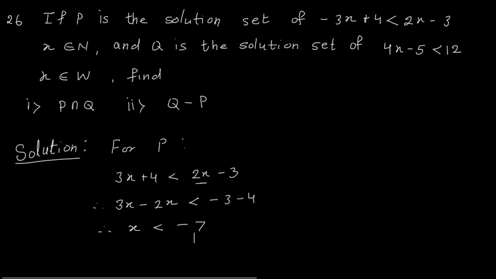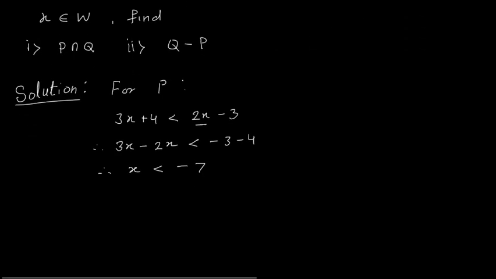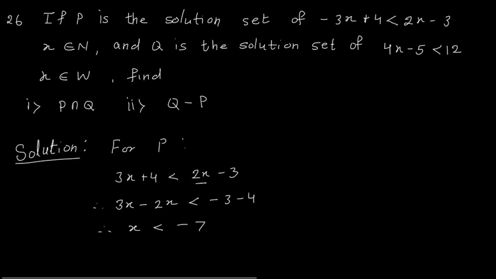Now P is the solution set of this, where x belongs to natural number, and Q is the solution set of this, where x belongs to whole number. So here x belongs to natural number. Here we have -3x minus 2x, so -3 minus 2 is -5.